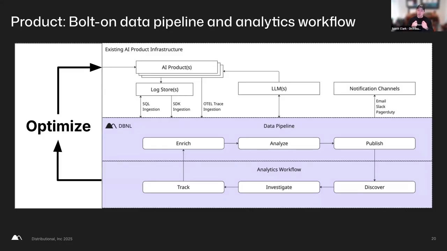The analysis part comes from looking at many of these vectors, so a distribution of these behaviors, and being able to pull out sub-pockets of these distributions to be able to say, this is something that didn't happen very frequently, or this type of behavior is correlated with this cost, latency, or quality style issue that we want to address.